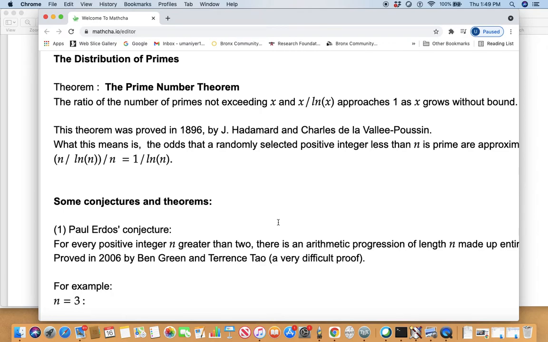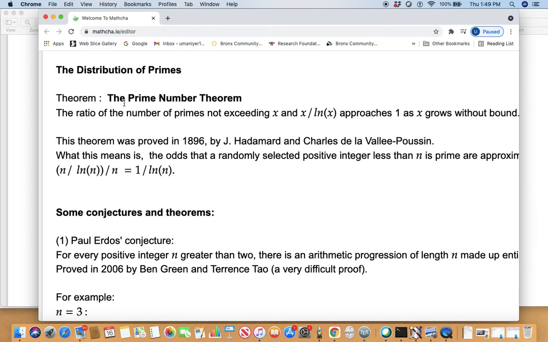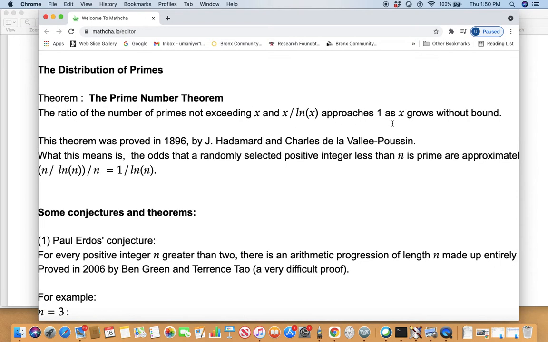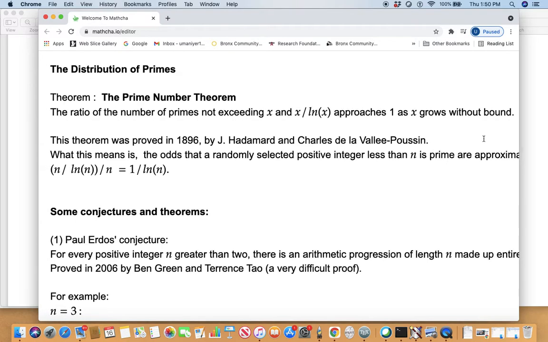Distribution of primes. Here is an important result, the prime number theorem. The ratio of the number of primes not exceeding x and x over natural log x, so the number of primes not exceeding x divided by x over natural log x, approaches 1 as x grows without bound. What does this mean?